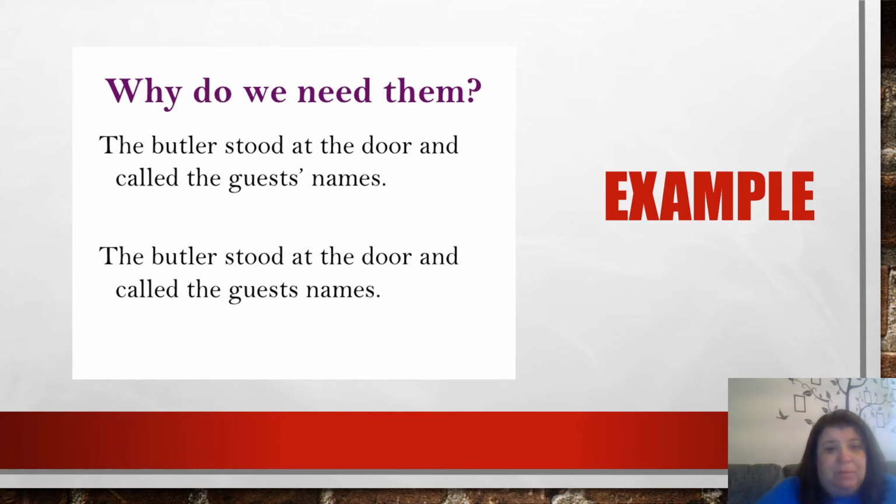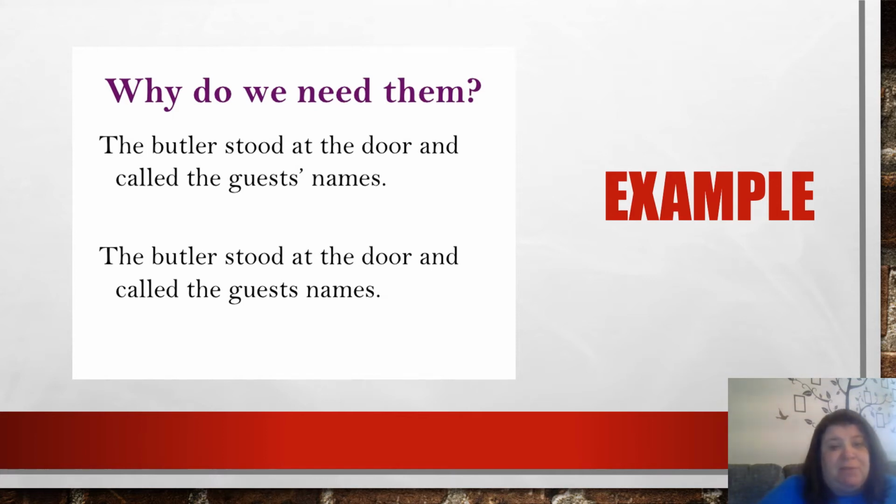So let's look at this one. Another example. It says, "The butler stood at the door and called the guests names." And then we have, "The butler stood at the door and called the guests' names." One suggests he called the names of the people as they came into the house. The other suggests he was calling them names, like picking on them.